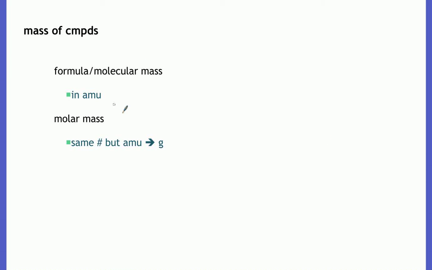What I care about is that molar mass again. So the formula and molecular masses were both in AMU, but the molar masses would be exactly the same numbers. They'd just be in grams. So for salt, I'd still have the 58.44, but now I have a gram value because I'm talking about 1 mole of sodium chloride.